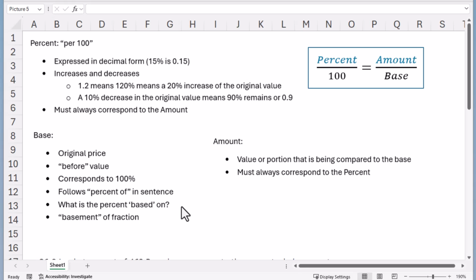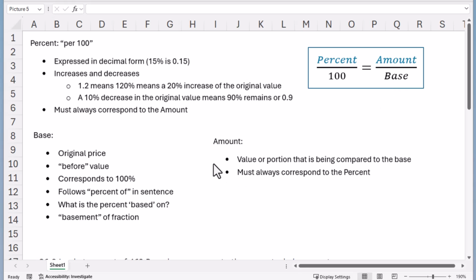It's called the base because it's what the percent is based on. And it's also the basement of a fraction that's up here. When we do our equation, we're going to have a fraction on the right-hand side where the base goes down in the denominator. So it's always the denominator number.